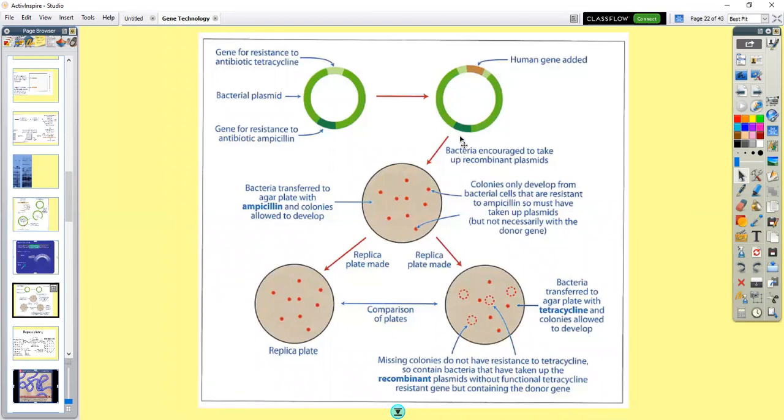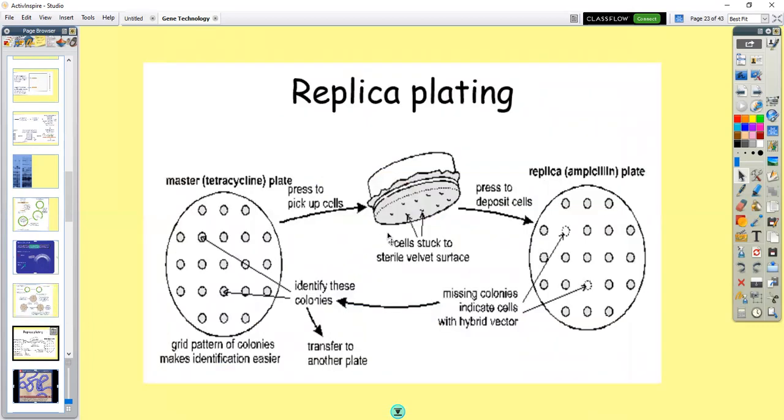If they don't contain that gene, they'll die off. If you then transfer that, or replica plate that, now for replica plating, essentially you can just use a little bit of cloth. You put it down on your master plate, and then you put it onto a replica plate, another plate with growth medium, and it gives you the same pattern.